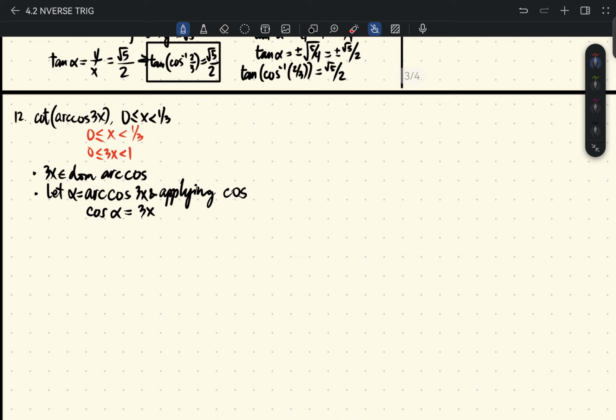Now, what are we looking for? We are looking for cotangent of arc cos 3x, which we said is alpha. So we are looking for cotangent alpha.